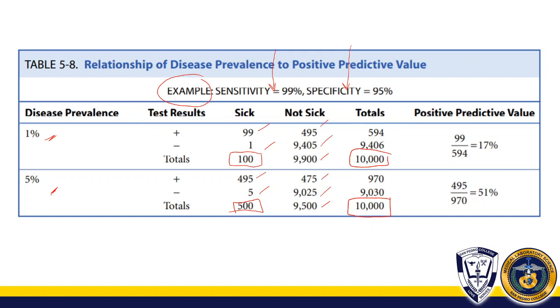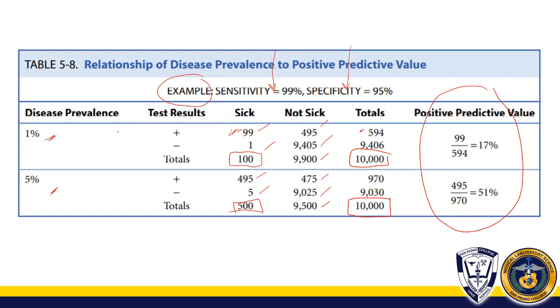So, now that we have filled in the tables with the necessary numbers, let us compute for your positive predictive value, from left to right. That is 99 divided by the total number of patients which are positive.